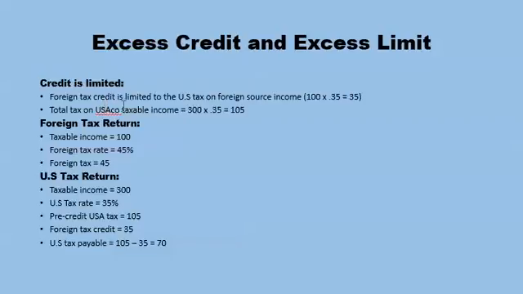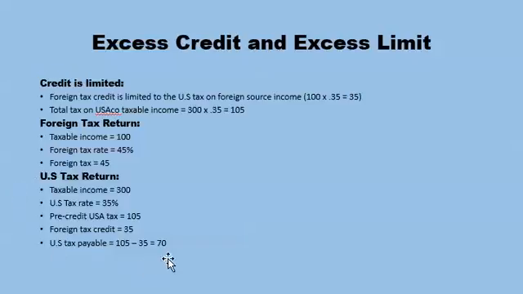So foreign tax credit is limited to the United States tax on foreign source income, which is 100 times 35% equals 35. Total tax on USA corporation taxable income is 300 times 35%, equals 105. This is how the foreign tax return would look. Taxable income is 100, foreign tax rate is 45%, foreign tax is 45.